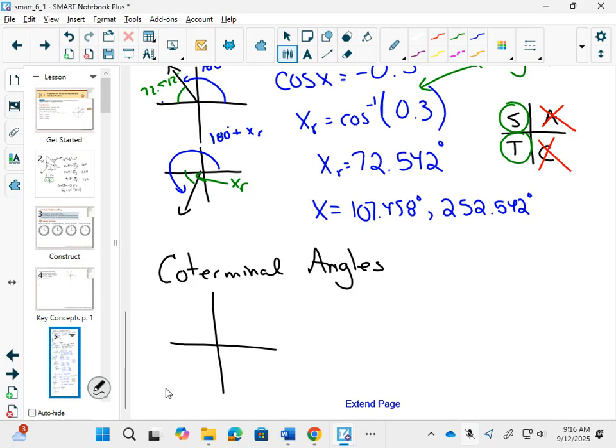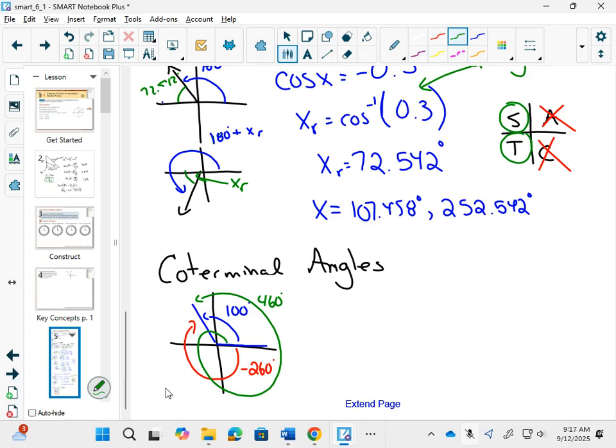We would say, yeah, I like 100 degrees, so I'm going to draw 100 degrees again. 100 degrees is coterminal with negative 260 degrees. It is also coterminal with 460 degrees.